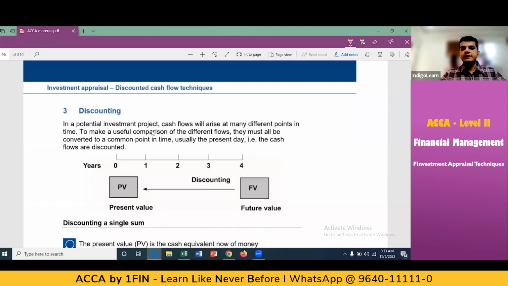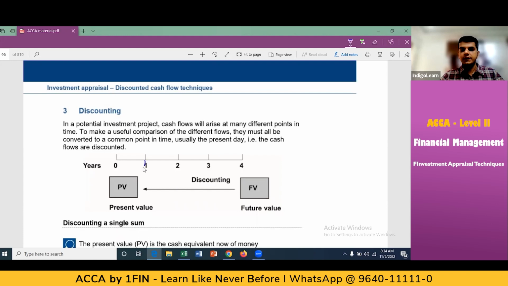In a potential investment project, cash flows will arise at different periods of time, meaning at different times, different amounts will be received. So at many different points in time, to make a useful comparison of the different flows, they must all be converted to a common point in time, usually the present day, that is, cash flows are discounted.